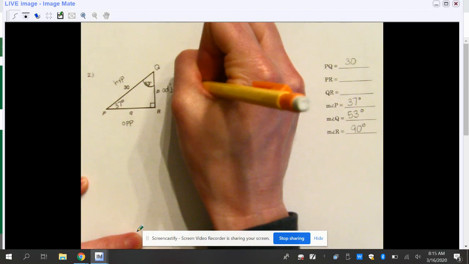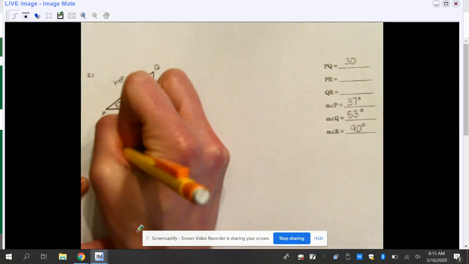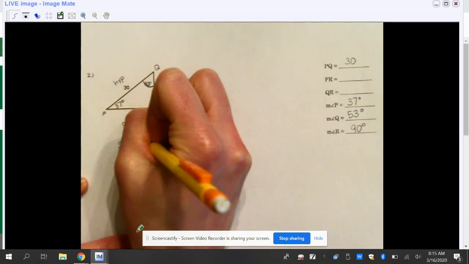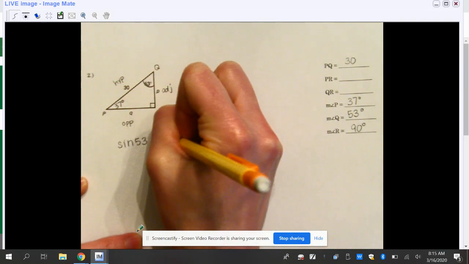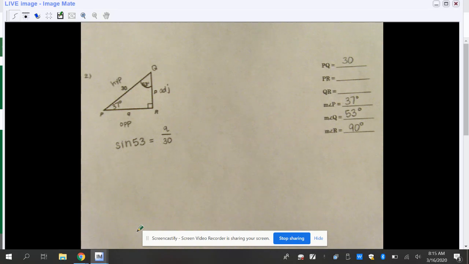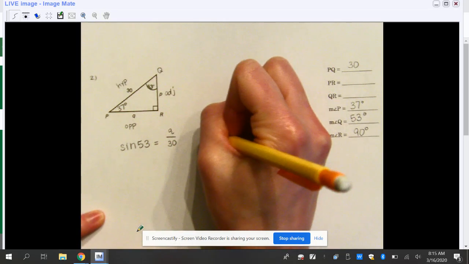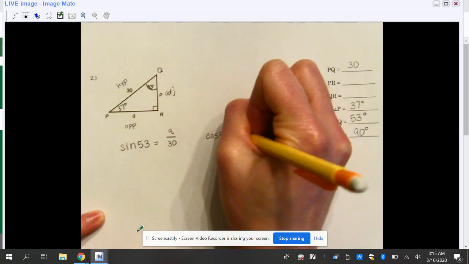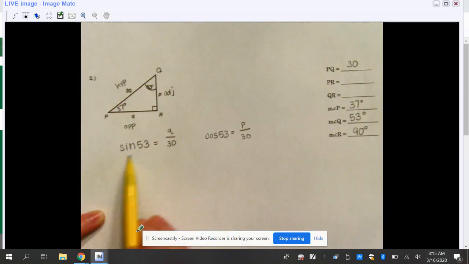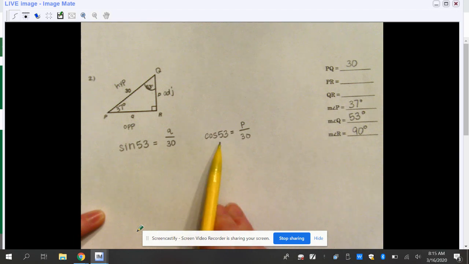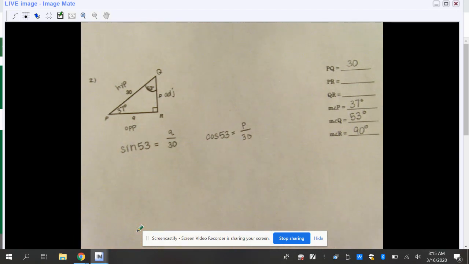So I will do sine first. So the sine of 53 is equal to Q over 30. And then cosine of 53 is equal to P over 30. So sine is opposite over hypotenuse, cosine is adjacent over hypotenuse. Regardless of where your variable is, you always start by undoing that fraction.